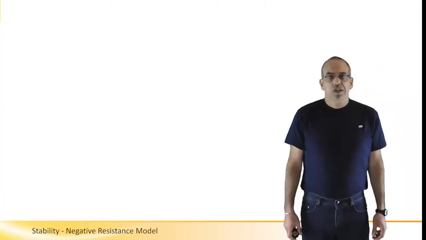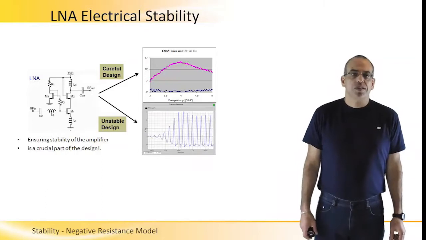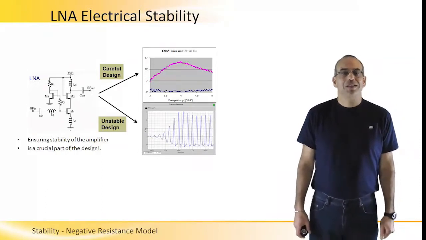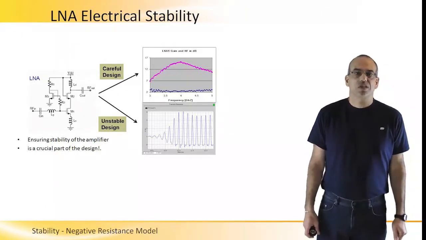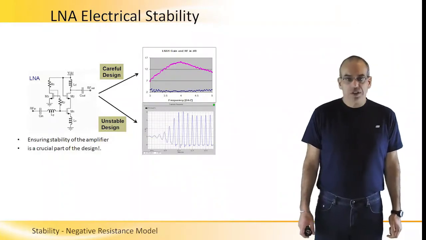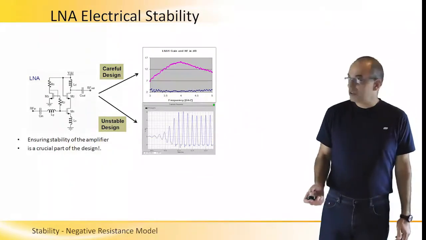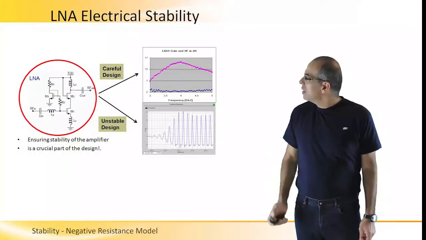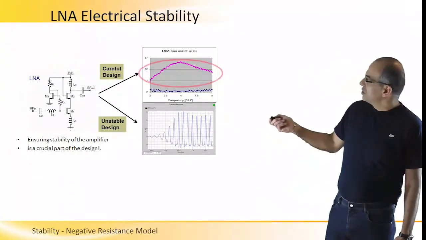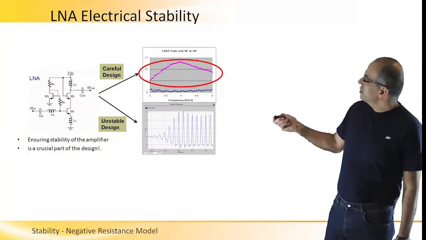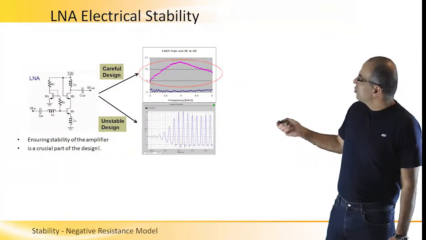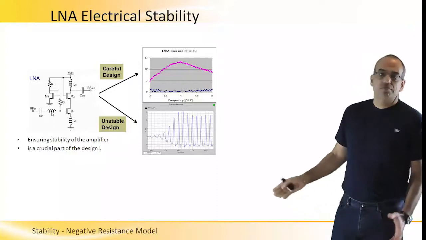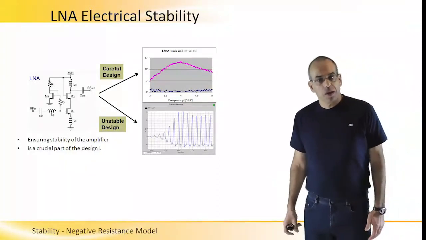To give us some motivation to understand stability issues and the negative resistance model, we just need to understand that if we have a simple LNA and we do careful design, we will get the gain and we will get the low noise, and the system will be happy.